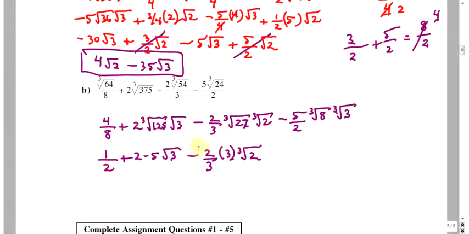Did I forget something? Yeah. This is a cubed root. I'm sorry, that's not square root. I was just looking to see how many cubed roots I could collect. Okay, so 5/2. The cubed root of 8 is 2. And I have cubed root of 3.